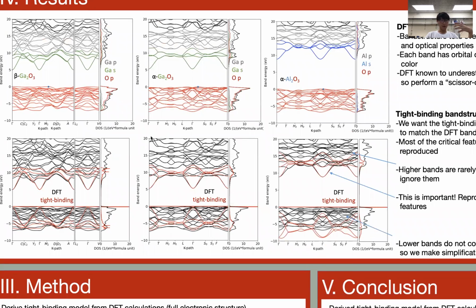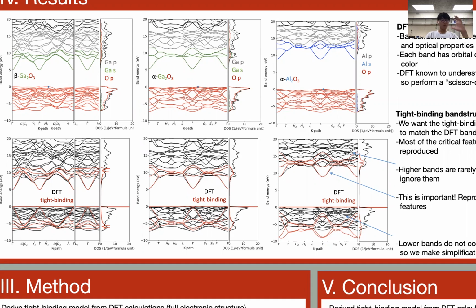So first, if you look at the higher part of the upper band, these regions are not usually accessed in a typical laboratory energy scale, so we throw them away. And also the lower band, deep inside the band, these bands will make no contribution to current conduction.